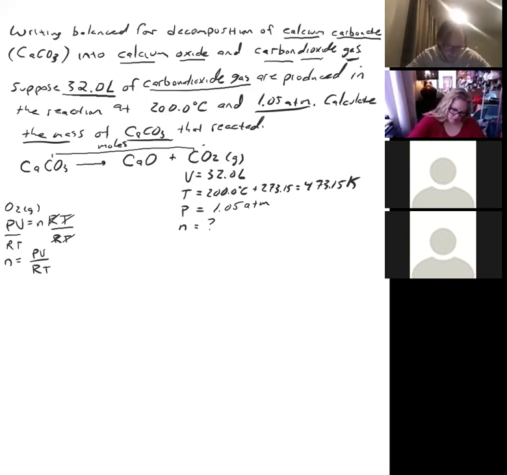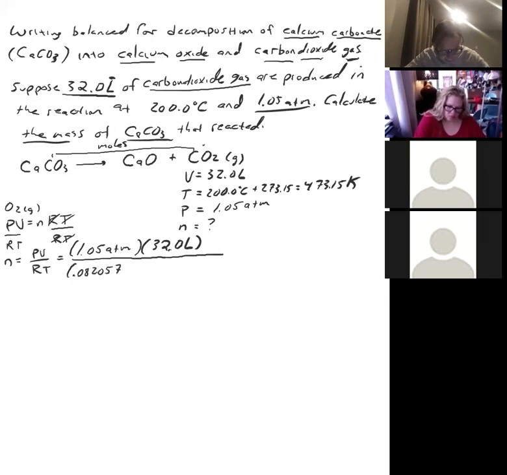Okay. So in this particular case, the pressure is 1.05 atm. The volume is in liters already, so we don't need to divide that by 1,000. So 32 liters. And again, it needs to be in liters only because the R value is in liters. So 0.082057.